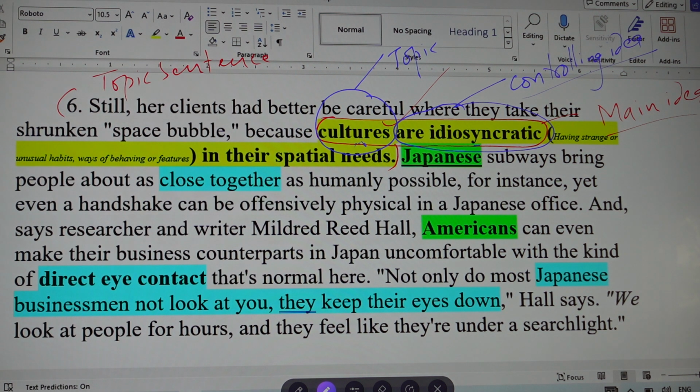Garima Grace Thapa is a very active girl. Sentence. Garima Grace Thapa, topic, is a very active girl. Controlling idea.